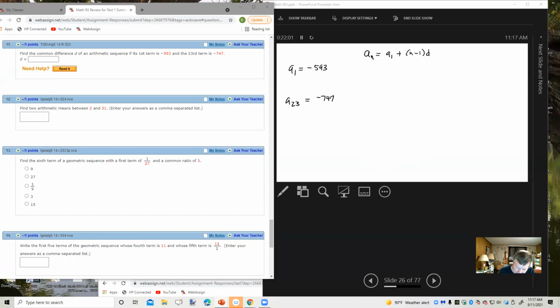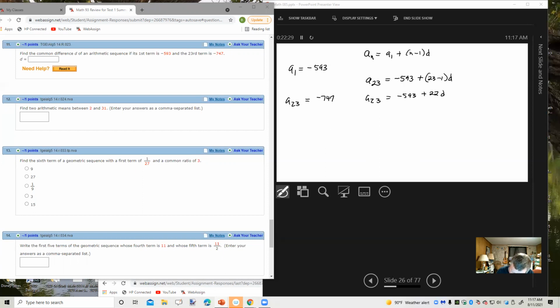We know that a sub 1 is negative 593, and we know that a sub 23 is negative 747. We're trying to find d, the common difference. We know that a sub 23 equals a sub 1, which is negative 593, plus n minus 1, which is 23 minus 1, times d. So a sub 23 is negative 593 plus 22d.